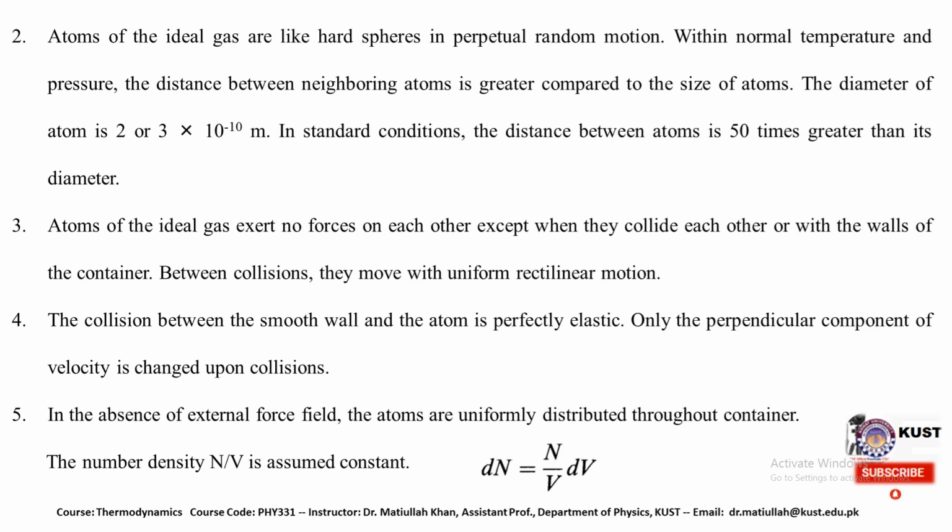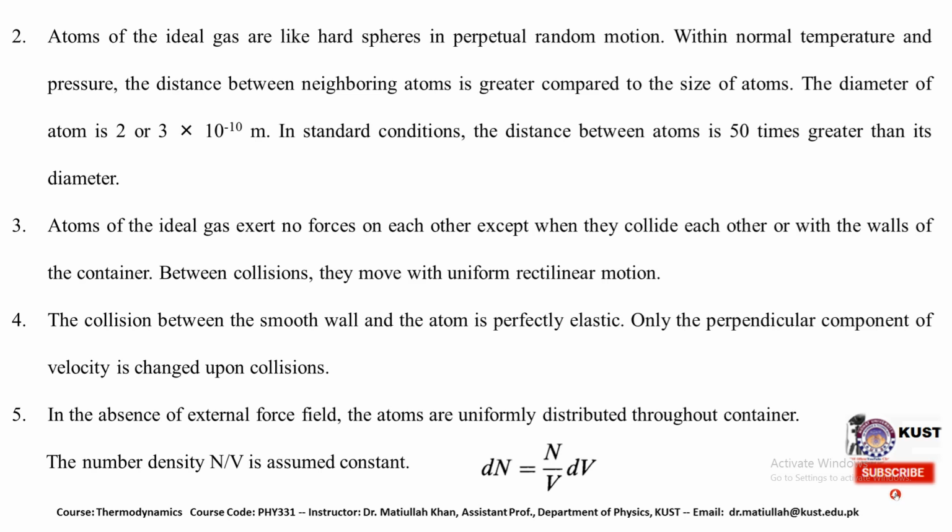Some of the other most important assumptions are regarding the atoms of the ideal gas, which is a bit simplified: it is considered that they exert no force on each other except when they collide with each other or with the walls of the container.